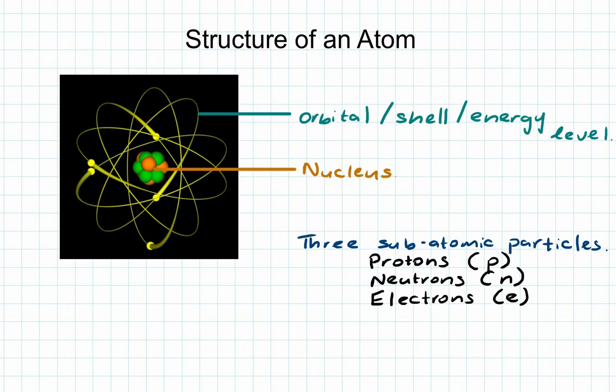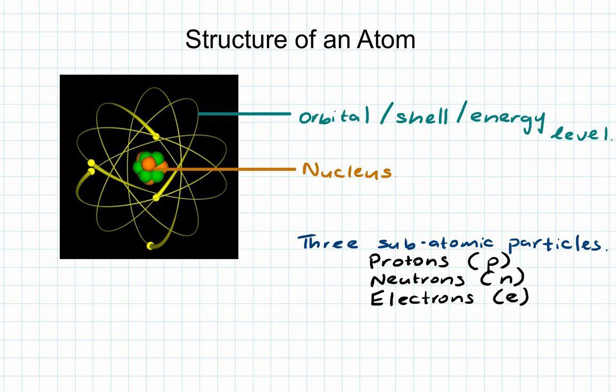Keeping all these things in mind, let's move on to the atomic structure and see where these three subatomic particles are located. As indicated by the diagram, you can see that the nucleus contains two different colored particles. What do these two different colored particles indicate?